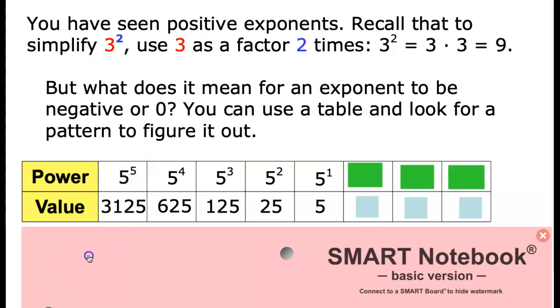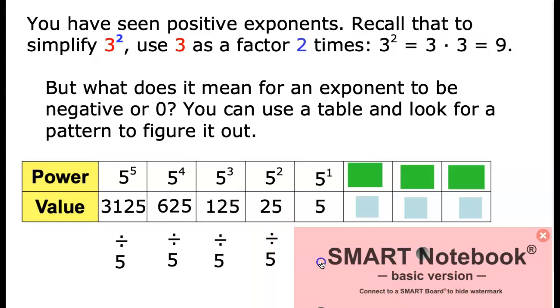But each time that we have our exponent going down 1, we're dividing by 5. 3125 divided by 5 is 625, and so on. Now we divide by 5, and we end up with 5 as our answer.